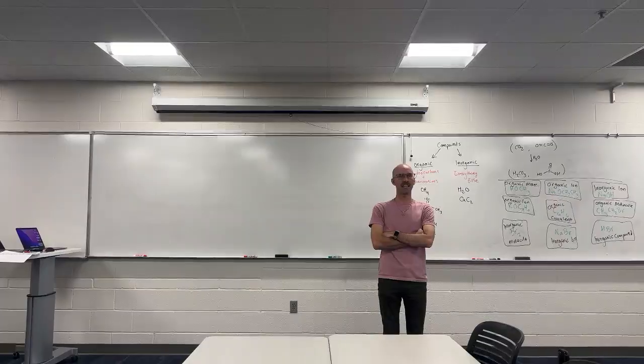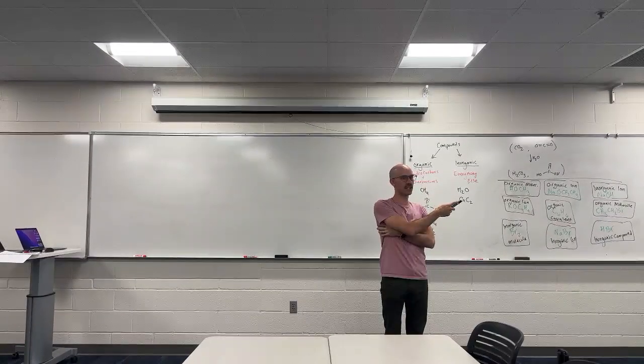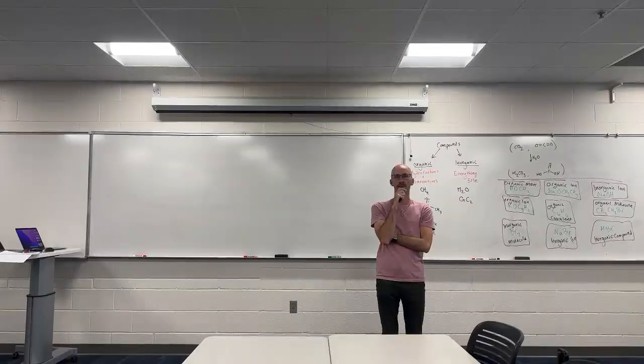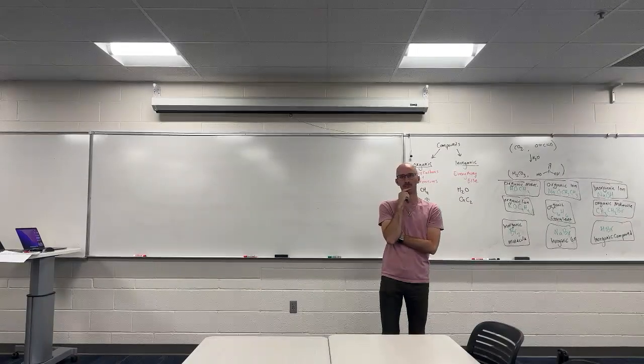So, formal charge is an incredibly important concept. We talked about some charges in there. I know some of you are familiar with how to calculate charge. Others of you maybe have forgotten.